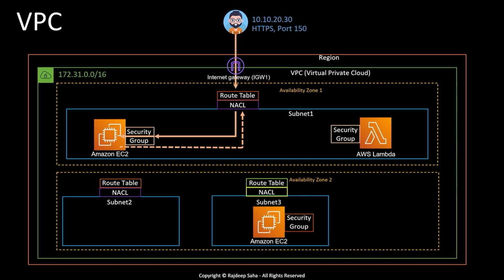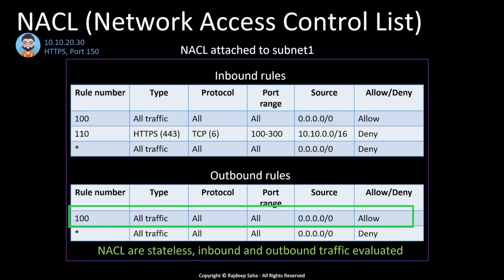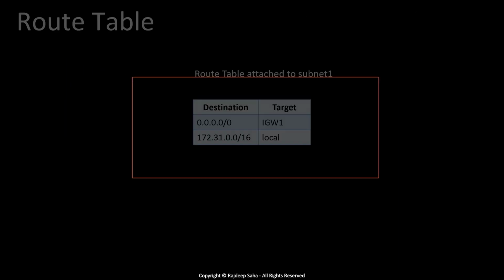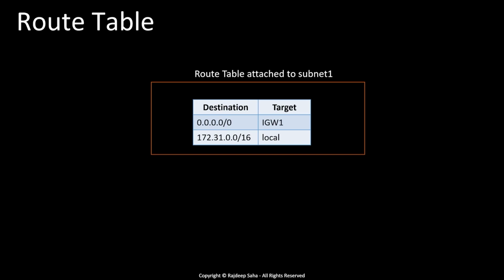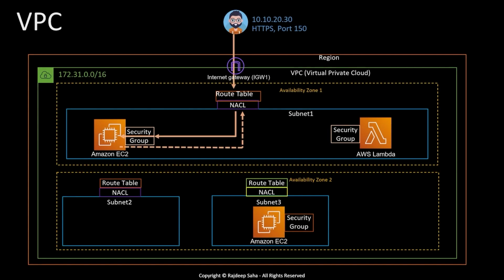But NACL is stateless, so it will be evaluated if this traffic is allowed to exit. It comes to the NACL, sees the rule number, all traffic is allowed out, and then it goes to the route table. The route table says anything that's going to the internet goes to IGW1, or Internet Gateway 1. Then the traffic goes to Internet Gateway 1, and through that it goes back to the user in the internet.